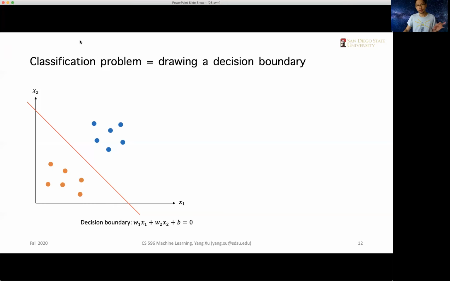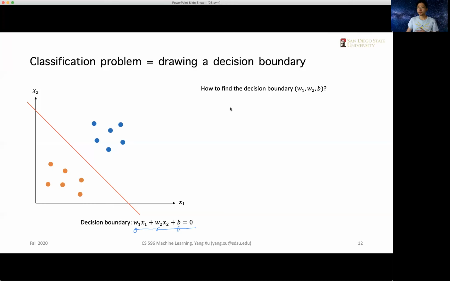A decision boundary like that can be described by a linear expression like this: w1 times x1 plus w2 times x2 plus b equals 0. Here we use w1, w2, and b to describe the direction and the position of the decision boundary.